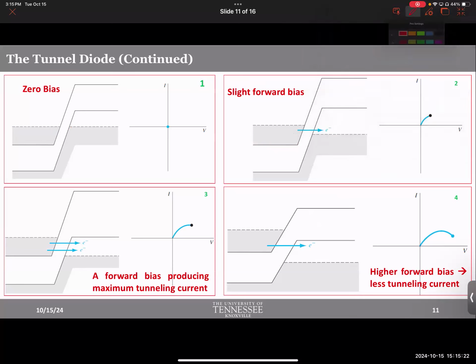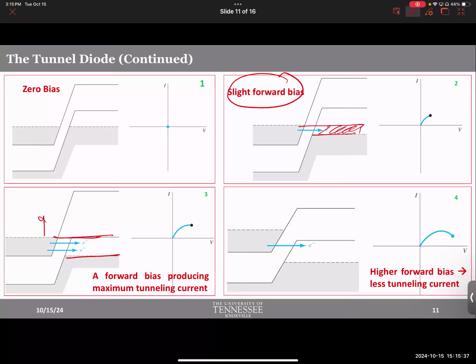Okay, so what if I apply even more forward bias? So what happens then? See, it goes up even more. Previously there was some offset. Now there is a lot of empty offset. So all of these electrons are welcome to come to the other side if they can tunnel.